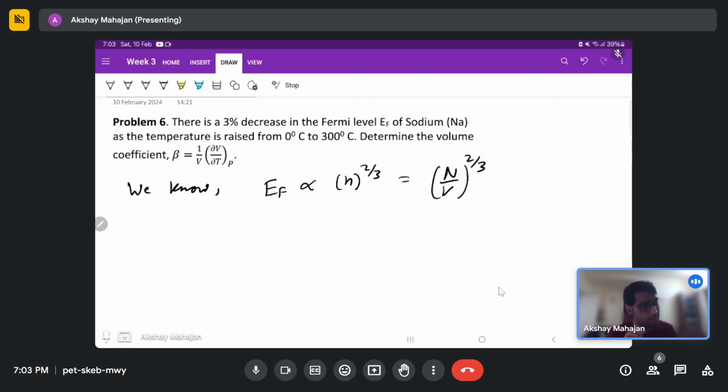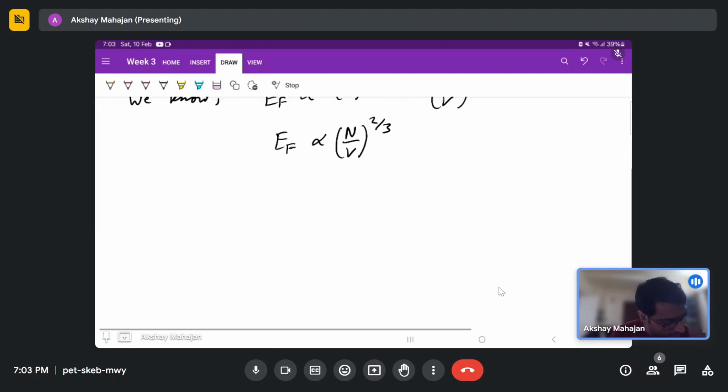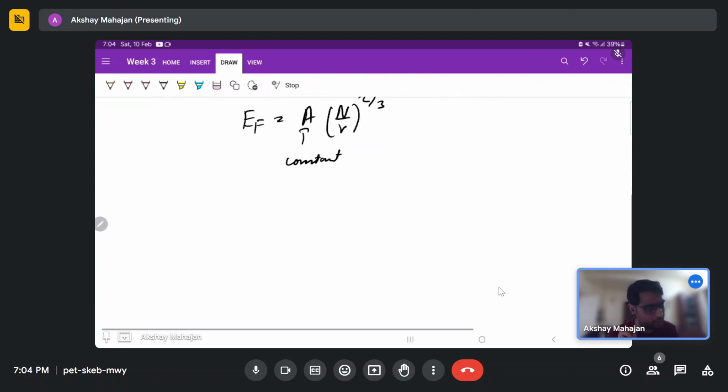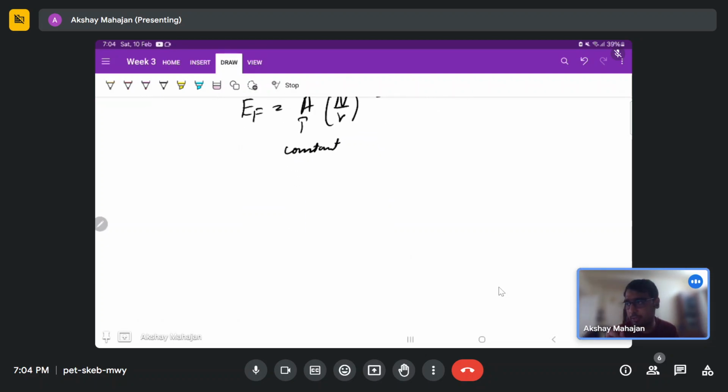So our EF is directly proportional to n by V to the power 2 by 3. Let's say I write this as a times n by V to the power 2 by 3, where a is some constant, some 2 pi to the power something.